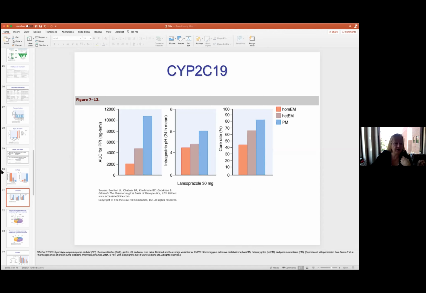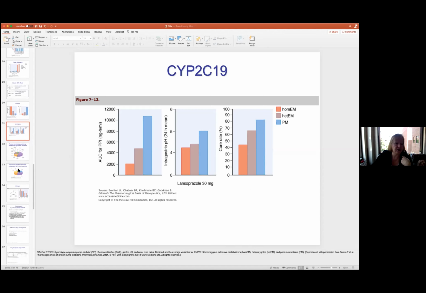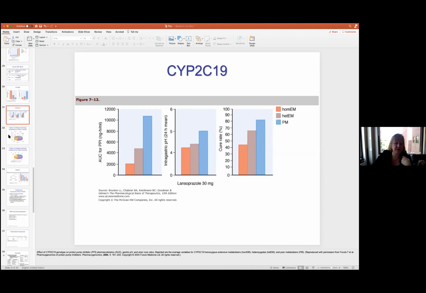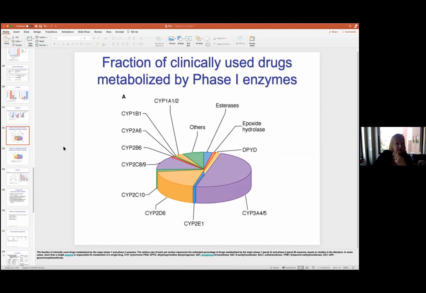So in the real world, we've got 2 different types of enzymes that are responsible for metabolizing clinically used drugs. For the phase 1 enzymes, CYP3A4 and 5 together are responsible for metabolizing almost half of all drugs.